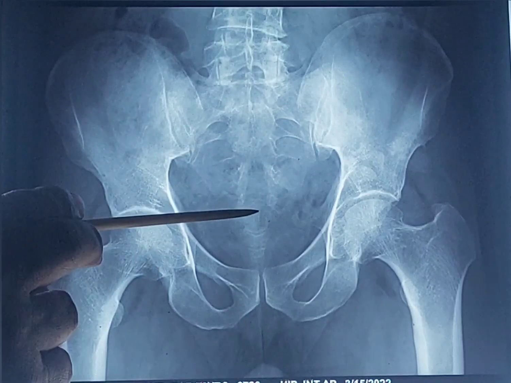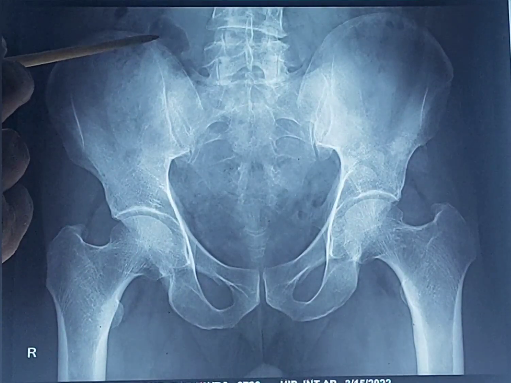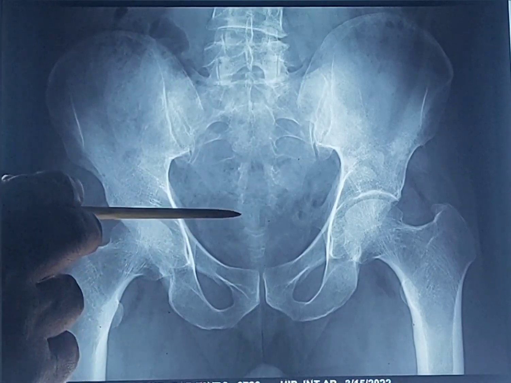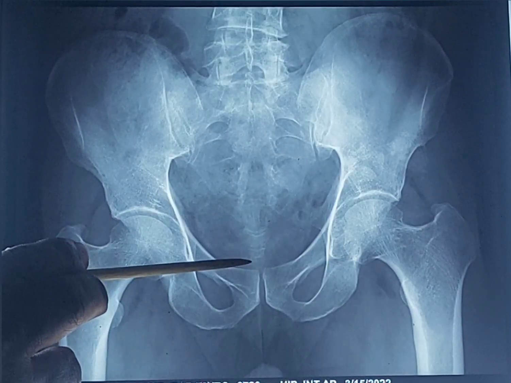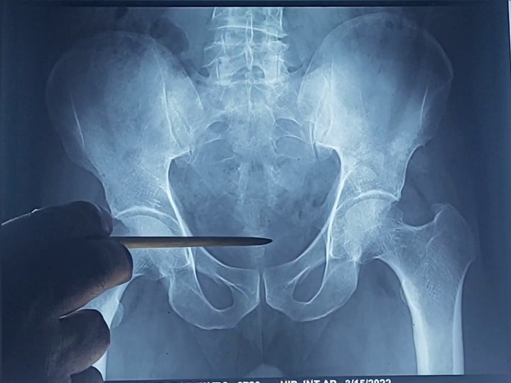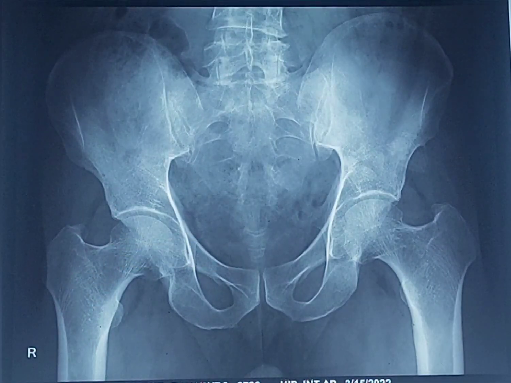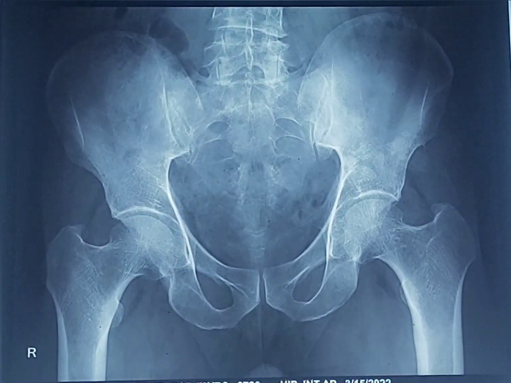Sacrum is a vertebra consisting of 5 sacral vertebra fused to form the sacrum, and below the sacrum is the coccyx or coccygeal vertebra, which are 4 in number, which fuse together to form one piece of coccyx. So we will see the different joints between these bones. Another radio opaque area is the upper end of the femur.